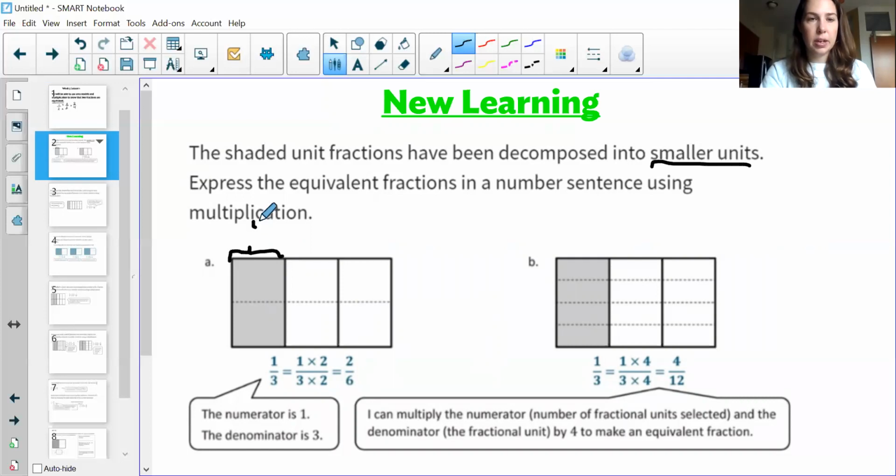This piece here is 1/3. Then they decomposed with one horizontal line and created 2 rows. So the way that you represent that in your multiplication sentence is 1/3 times 2/2 equals 2/6. Because now I have 2 out of 6 pieces.